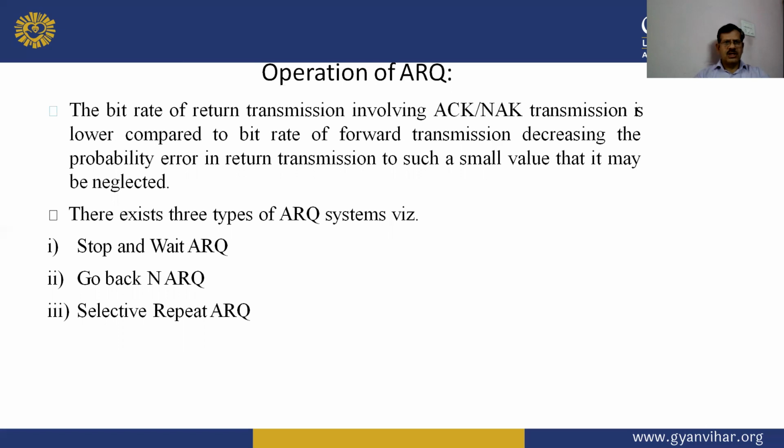So there exist three types of ARQ systems. First one is stop and wait ARQ. Second system is go back N ARQ. And third system is selective repeat ARQ. So there are three types of ARQ systems.